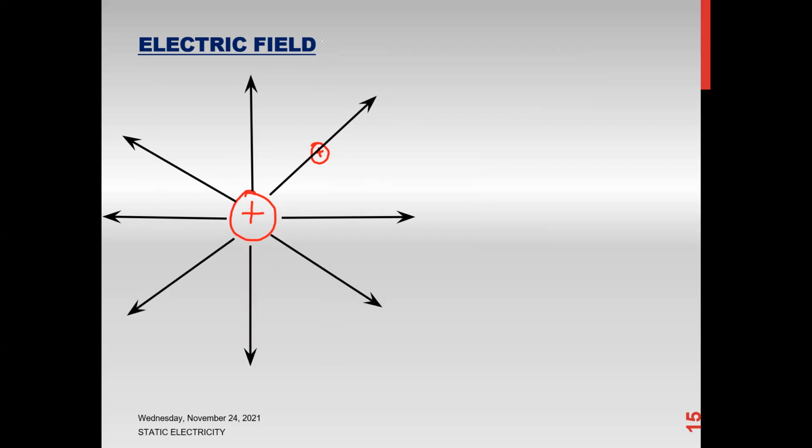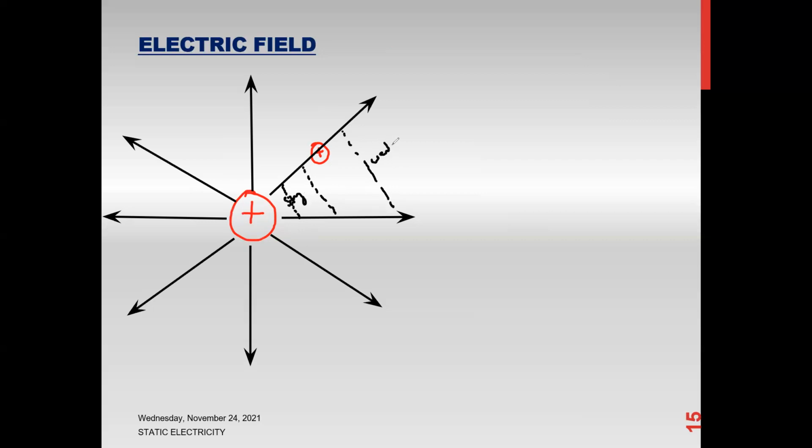The distance between the lines shows the strength. As you can see here, the lines are closer, but when we move away from the charge, the distance between the lines is increasing. So it means at this point, it is strong.